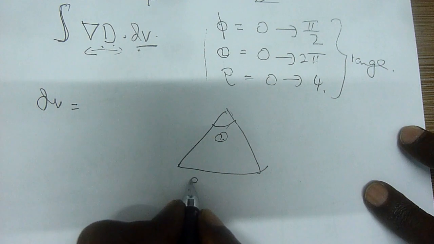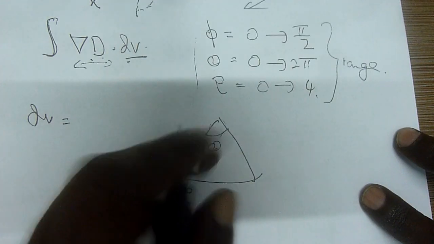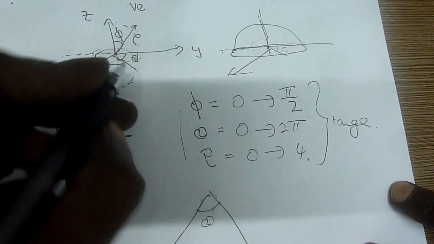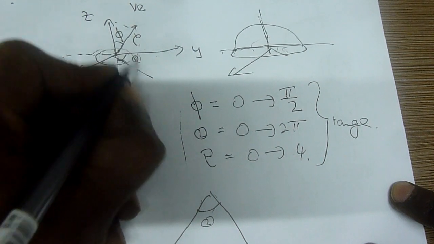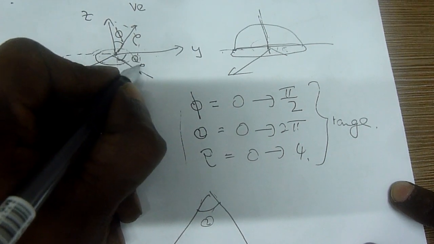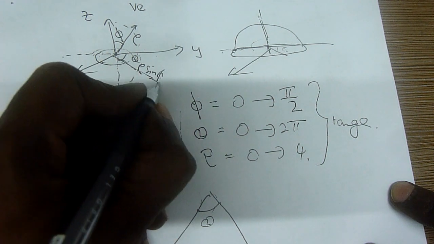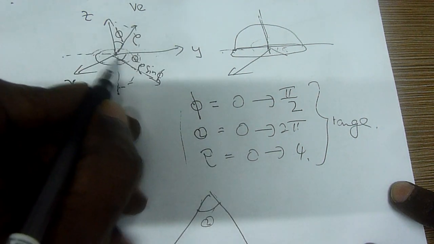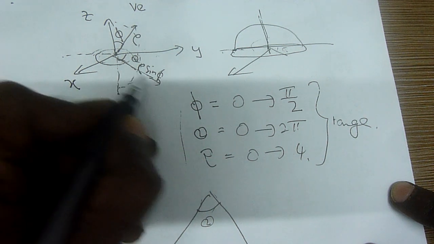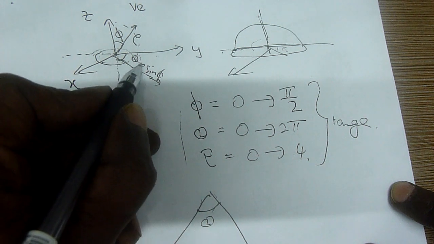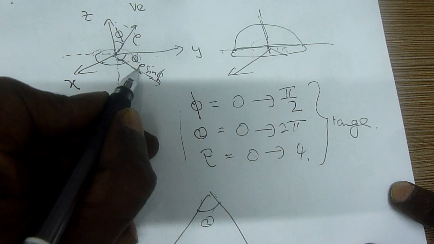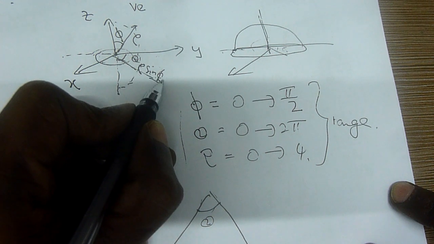Okay, we know this is R. I told you this is the horizontal. When it comes back to the horizontal, it becomes rho sine phi. The arm automatically becomes horizontal. In the horizontal state, it is referred to as rho sine phi.